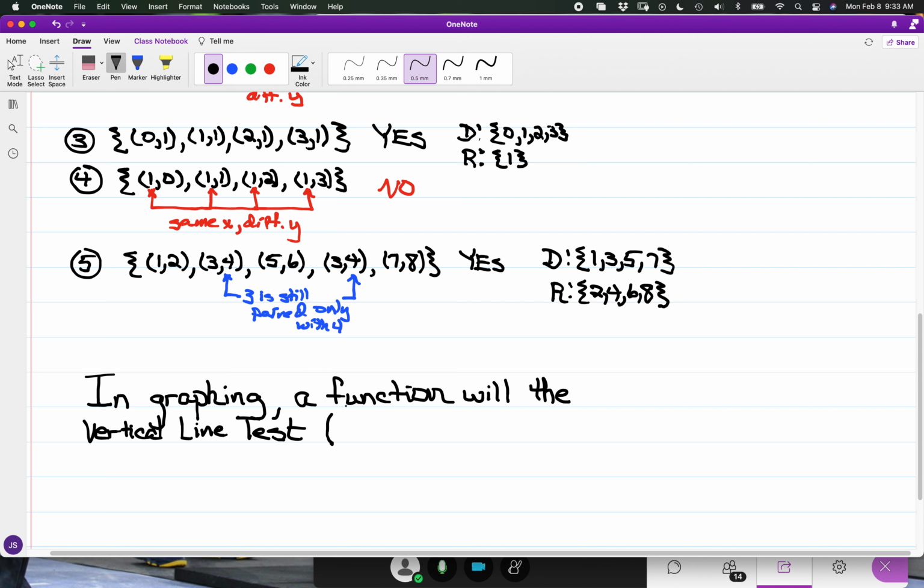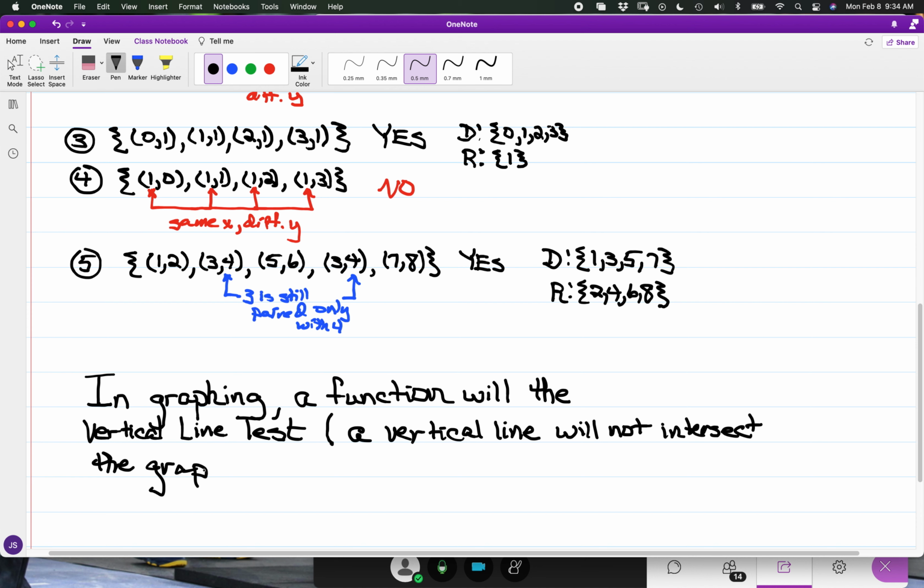For the vertical line test, a vertical line will not intersect the graph of a function at more than one point for each x value.